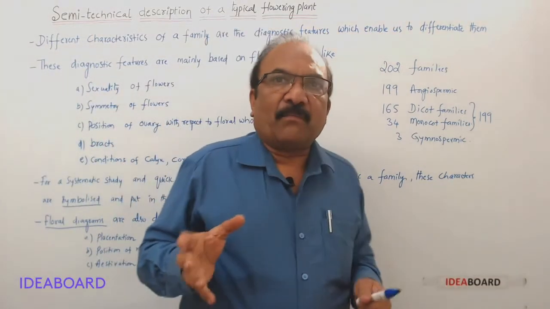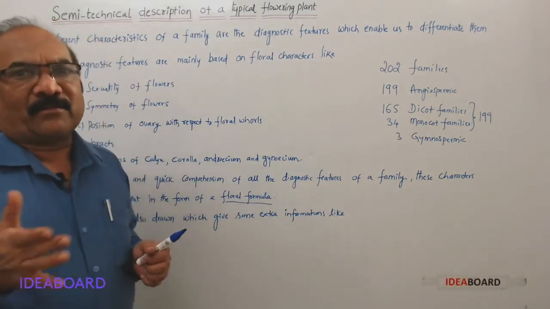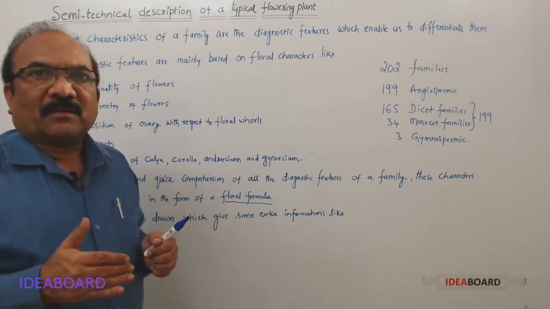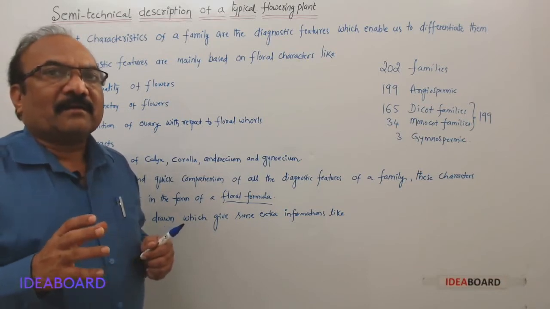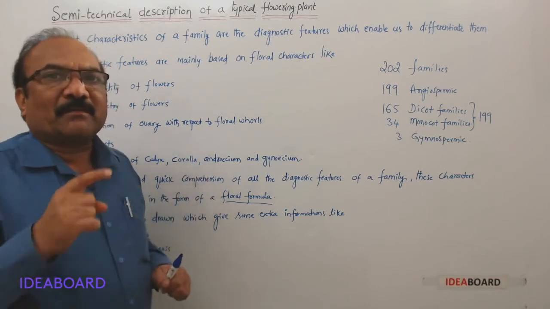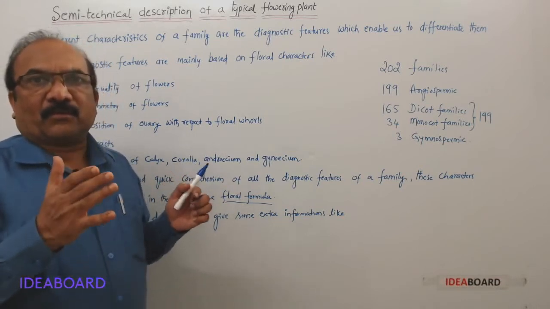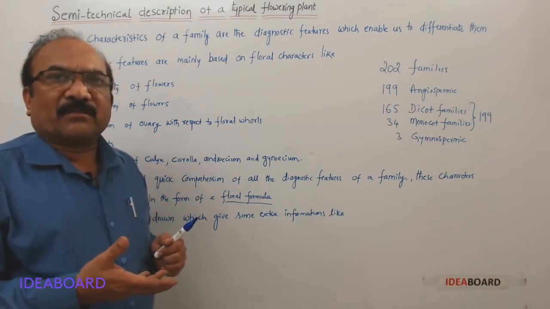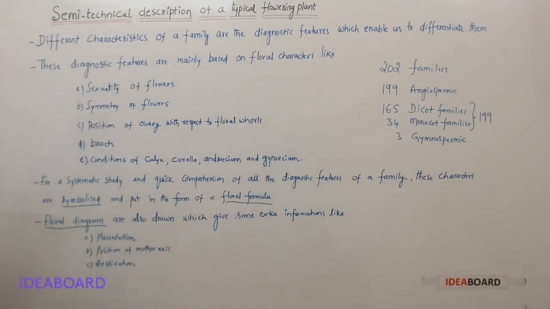In the floral formula, we can mention the number of sepals and the number of petals or tepals, but how they are arranged is called aestivation. That aestivation cannot be represented in the floral formula but can be represented in the floral diagram. So we can show whether it is valvate, twisted, imbricate, or vexillary aestivation. So that is about the floral formula and floral diagrams.